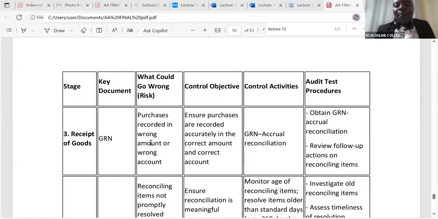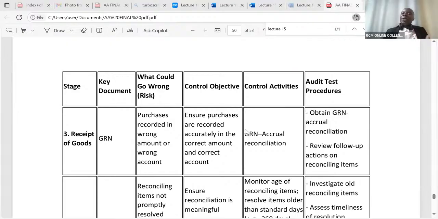What could go wrong? Purchases recorded in the wrong amount or wrong account. So the controls that we shall put in as a firm will ensure that purchases are recorded accurately in the correct amount and the correct account.